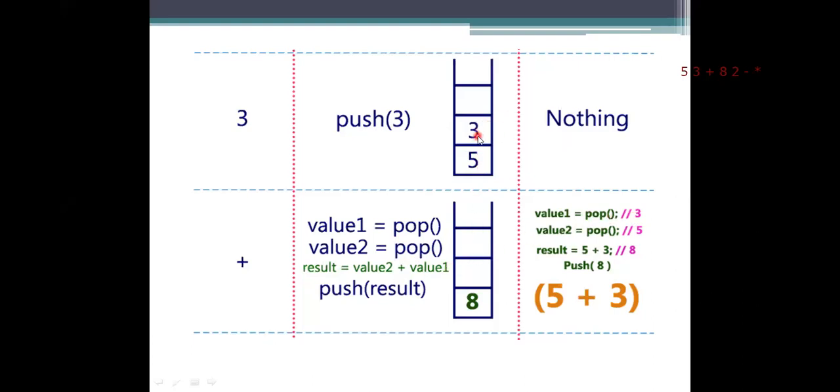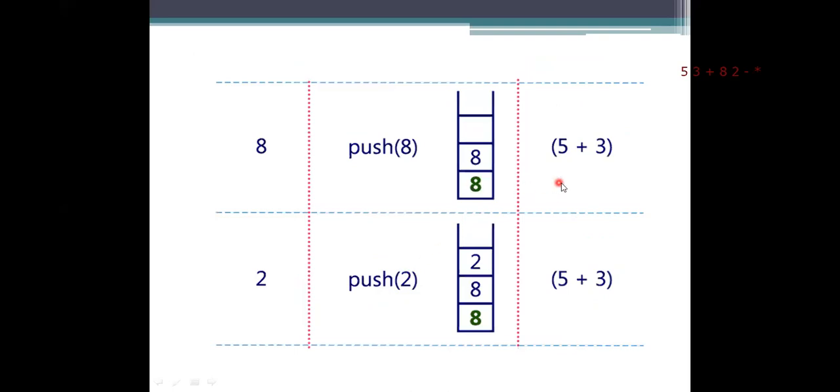So what is value 1 here? 3. Value 2 is the 5. And we need to perform the addition on those values, and then the resultant has to be pushed back.